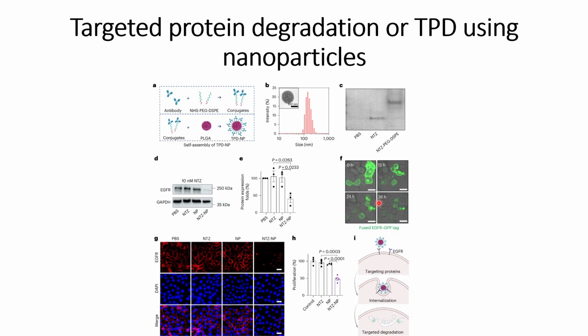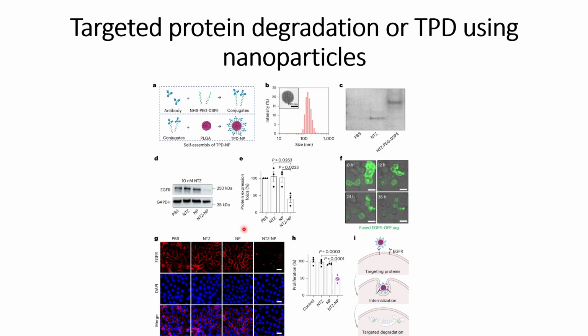In the supplemental figures, they have shown that once they replace the cell culture media, they are able to see the overexpression of EGFR again. So this indicates that TPD-based targeted protein degradation is a temporary process. It can be switched on and off based on the requirement.